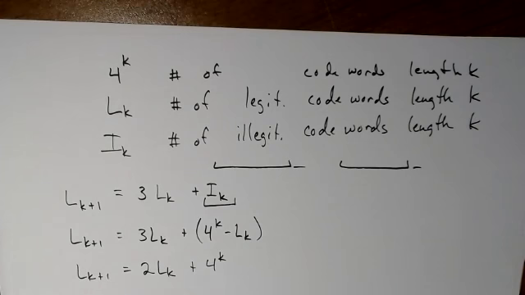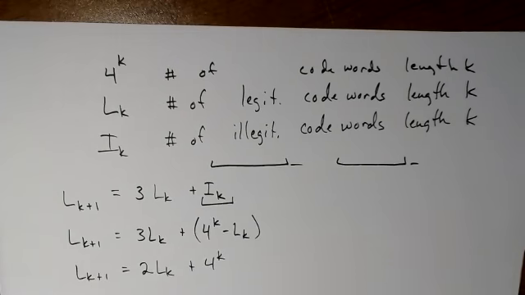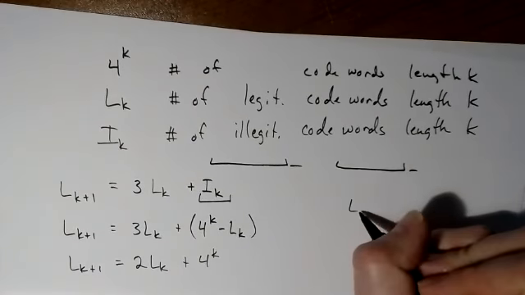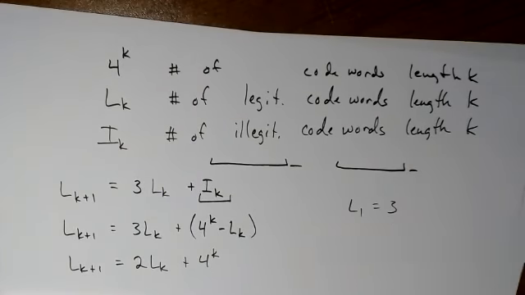We could say something about L_0, but I think it makes the most sense to say L_1 equals 3. There's only 3 code words of length 1 that are legitimate. I think you can get away with this by saying that L_0 equals 0. There are no legitimate code words of length 0.